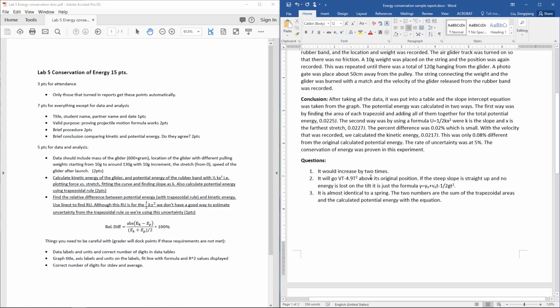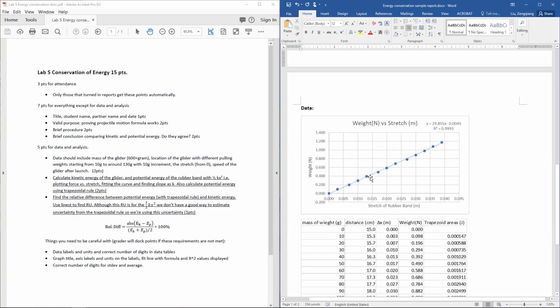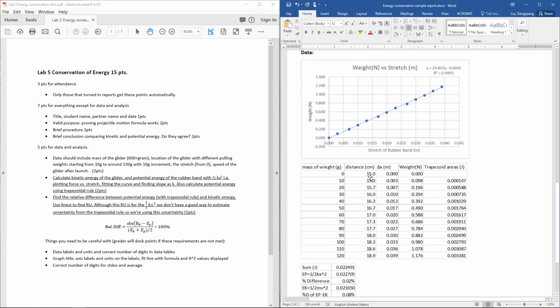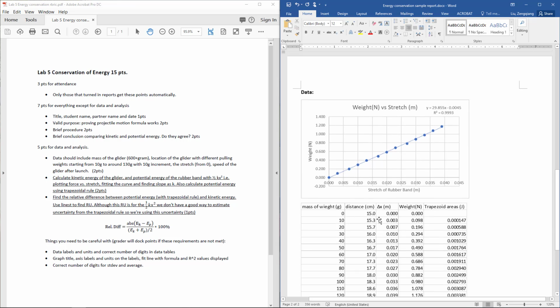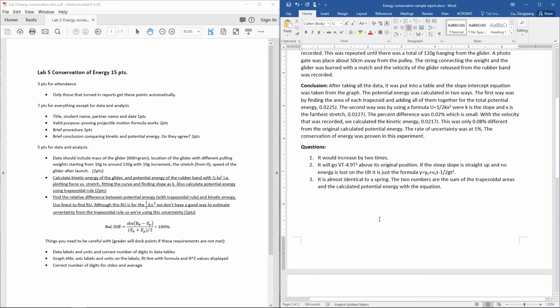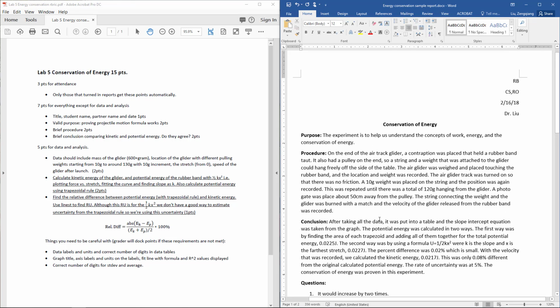So all together, if I did take some points off the formatting, I would take a point off and tell the students to reorganize the order of your data, and also move part of the analysis to the data analysis. But I'd say either a 12 or 13 points will be a decent grade for this report.